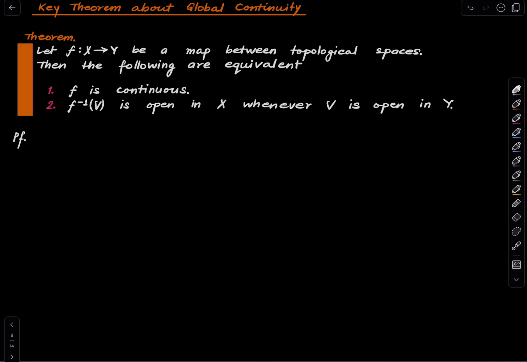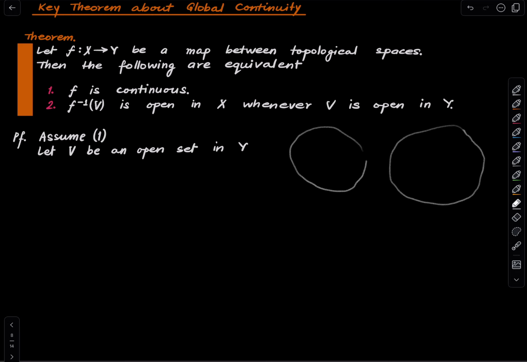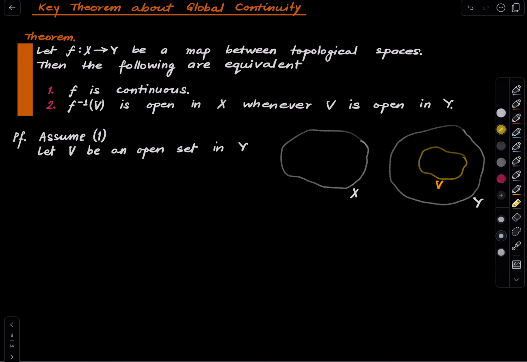So why is this? Assume 1. We want to show 2. So let V be an open set in Y. The pre-image of V is f inverse V by notation, and we want to show that f inverse V is open.